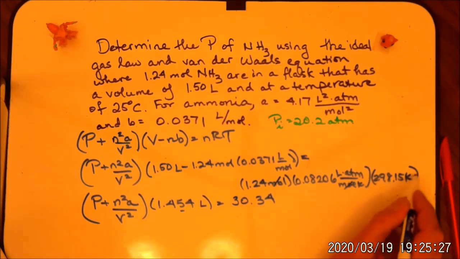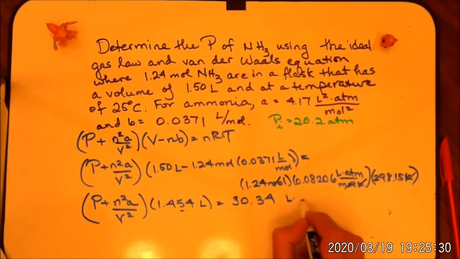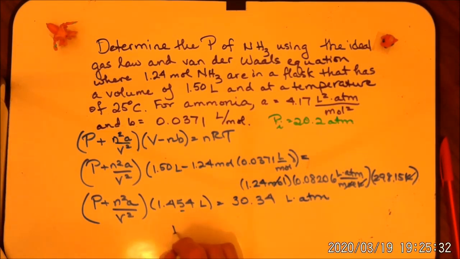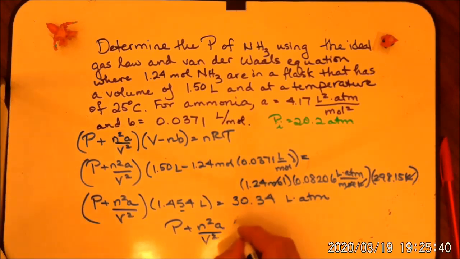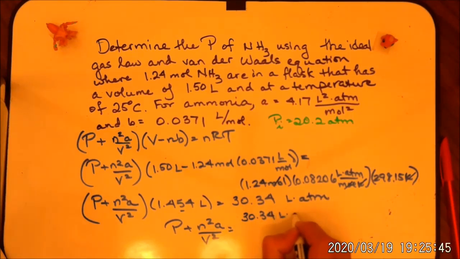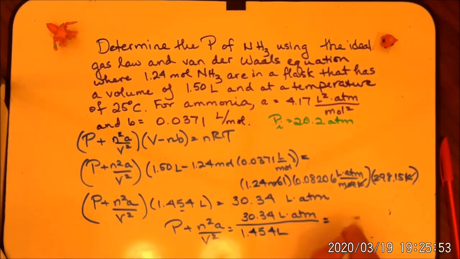Moles cancel out, Kelvin cancels out, leaving liter atmospheres. So P plus n squared A over V squared is going to be equal to 30.34 liter atmospheres divided by 1.454 liters, which is equal to 20.86 atmospheres. Wait, we're not done yet.